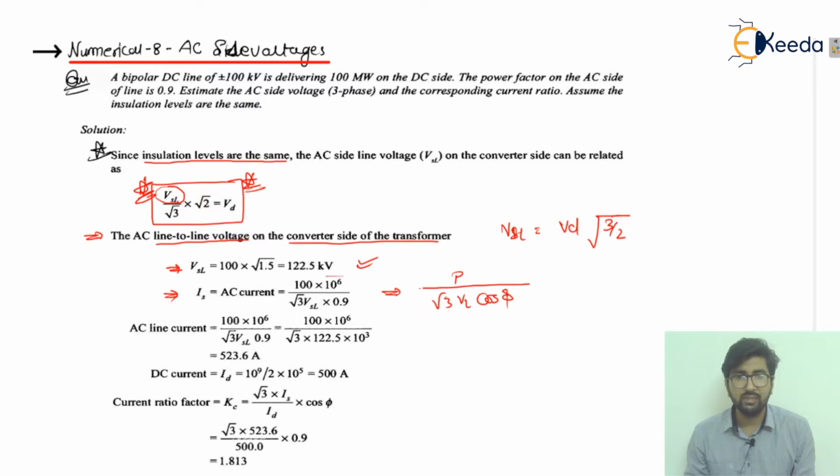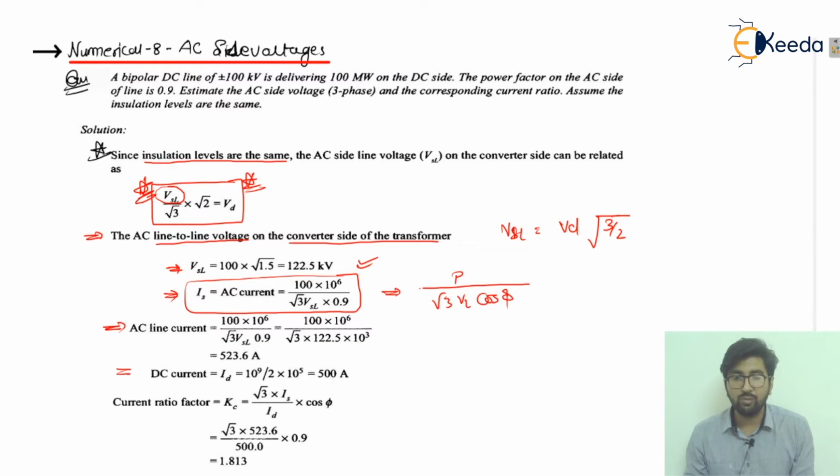The power we are talking about is 100 megawatt, so put 100 into 10 raised to power 6, divided by root 3 into 122.5 into 10 raised to power 3. After the calculation you get 523.6 ampere. So this is all about the AC line current.